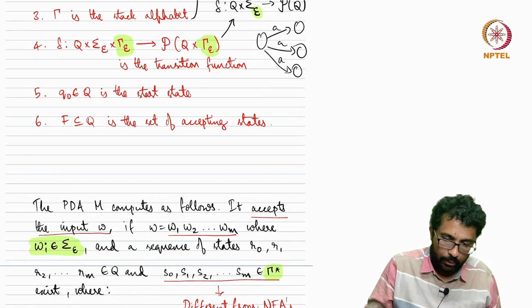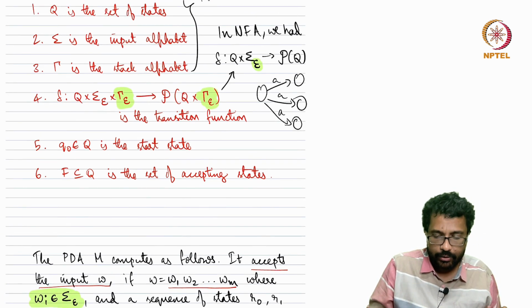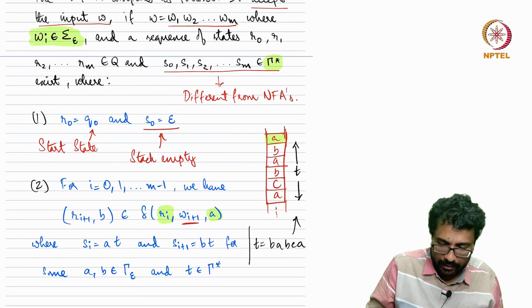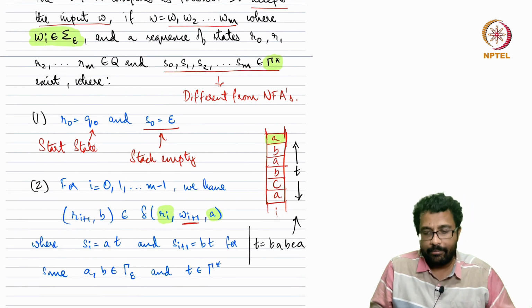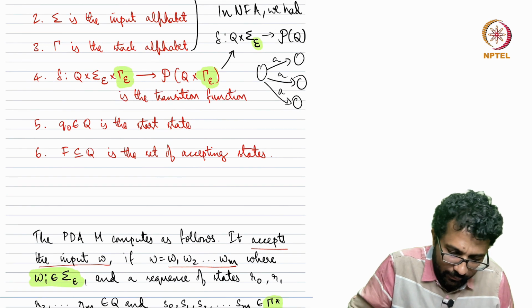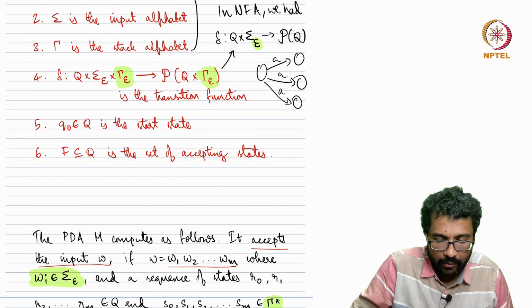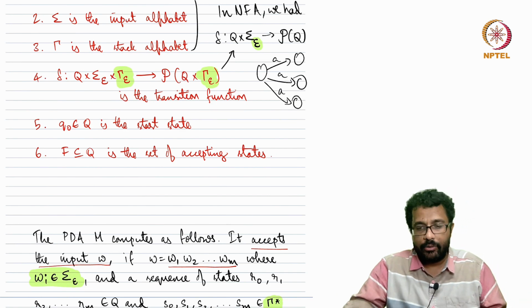Notice that the rule is a function of Q, sigma, gamma. So the state is Ri, which is in Q, sigma is Wi plus 1, which is the next symbol, and the symbol from the stack is A. Based on this, there are many possible things for the next state and the next thing to be written into the stack.